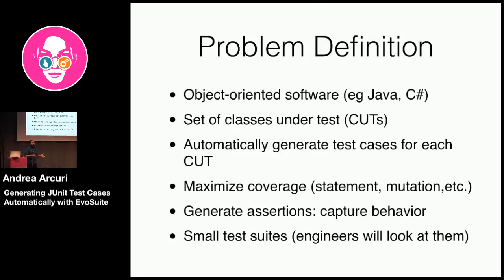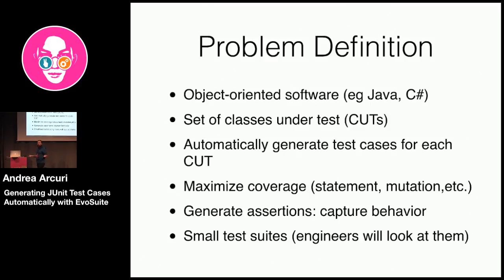Another important thing about assertions is that now you're asserting something in your test, and then you can use those test cases later for regression in your continuous integration servers. And another important thing is that you don't want millions of test cases. Even if you manage to generate them automatically, you want something small. Because you might want to look at them, and you don't really want to look at 1 million test cases.